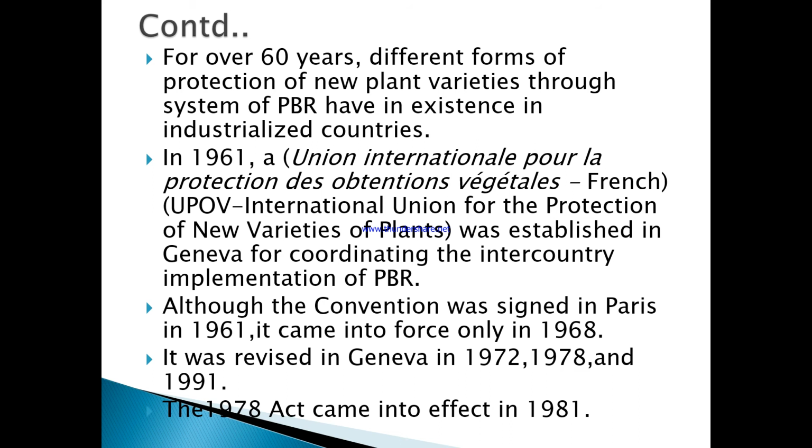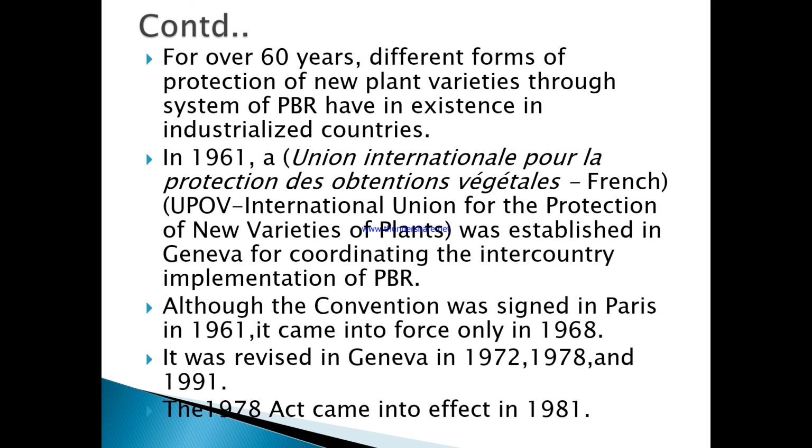In 1961, the Union Internationale pour la Protection des Obtentions Végétales, French for the International Union for the Protection of New Varieties of Plants, UPOV, was established in Geneva for coordinating the inter-country implementation of PBR.